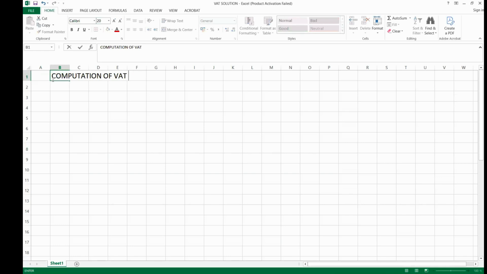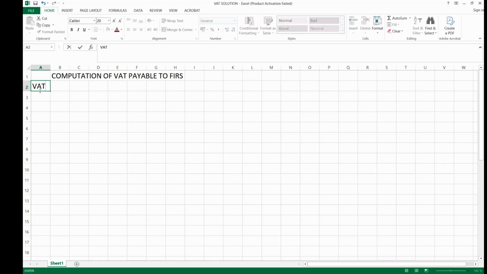There are two ways to tabulate your computation: you state it as a single item, or either way. I want to do the tabular form here.